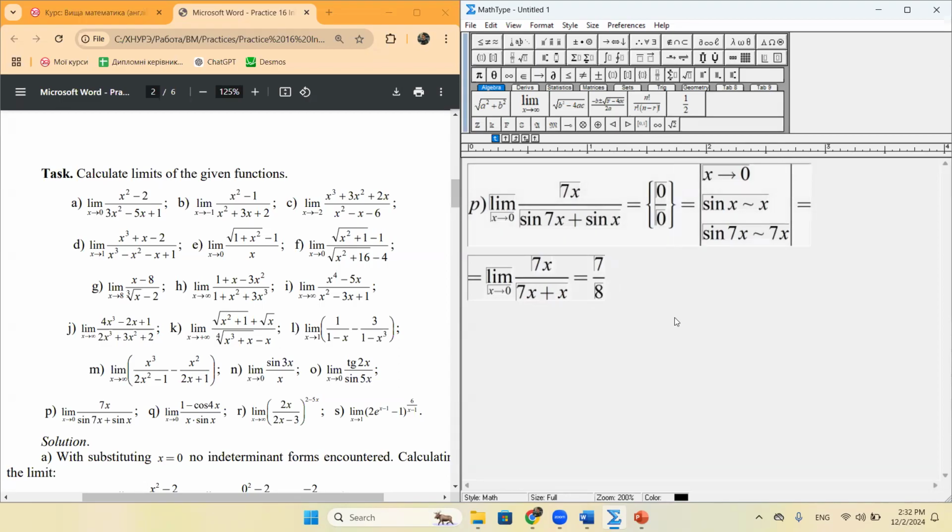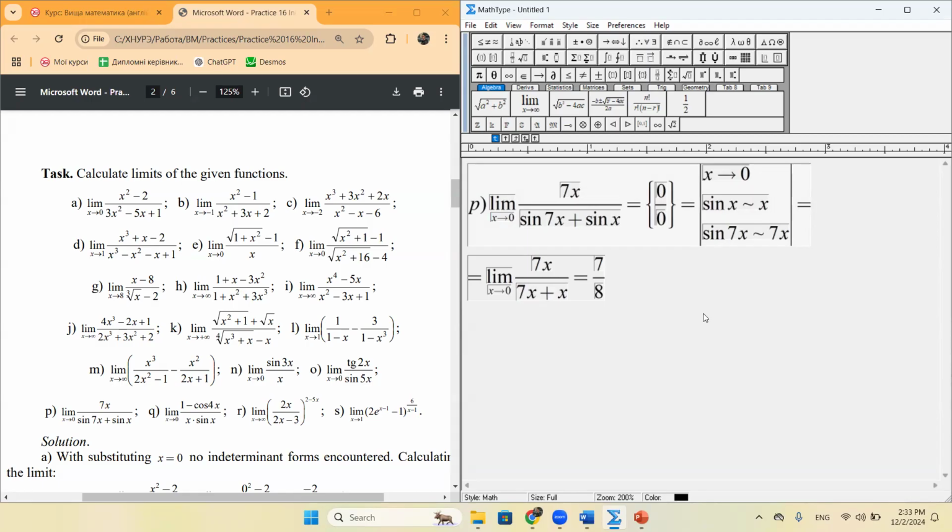Any questions about this task? We can do this operation only when our limit approaches 0. Yes, for infinitesimal functions, when x approaches 0. Correct.